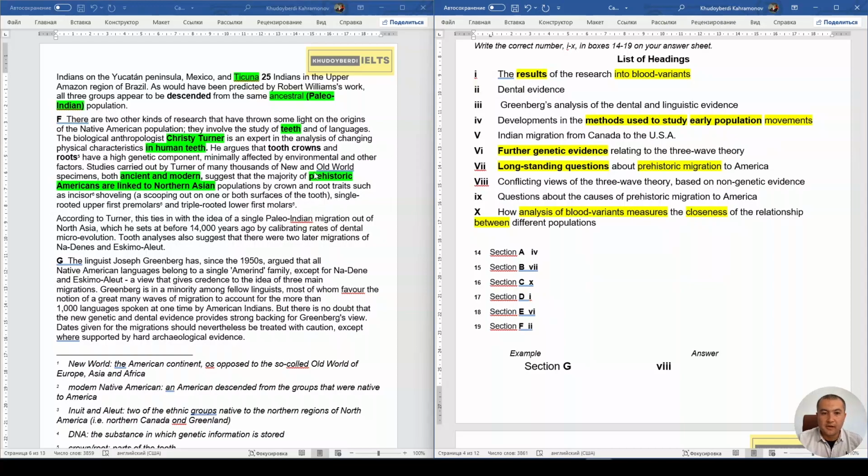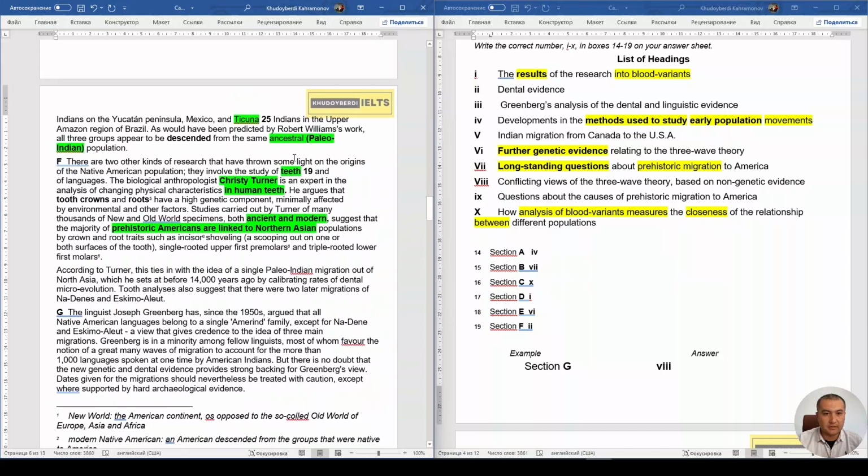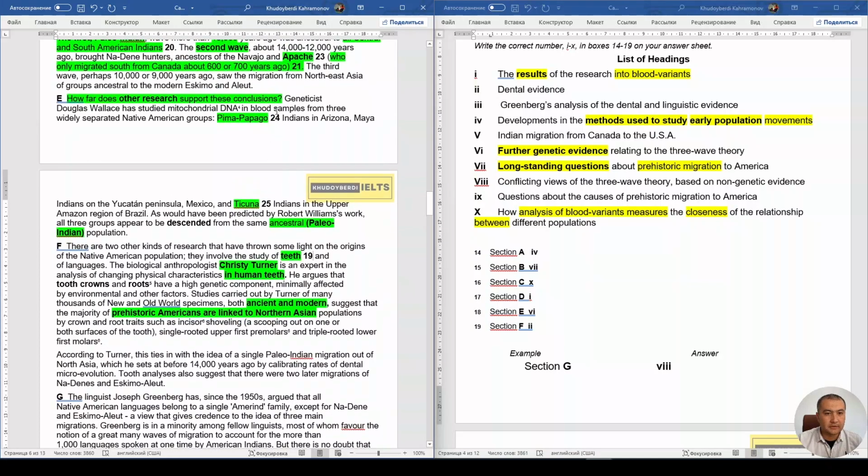All right, if you pay attention here, we have all the correct answers, and let's just make numbers here. This one should be 19, and this one should be 18, right?